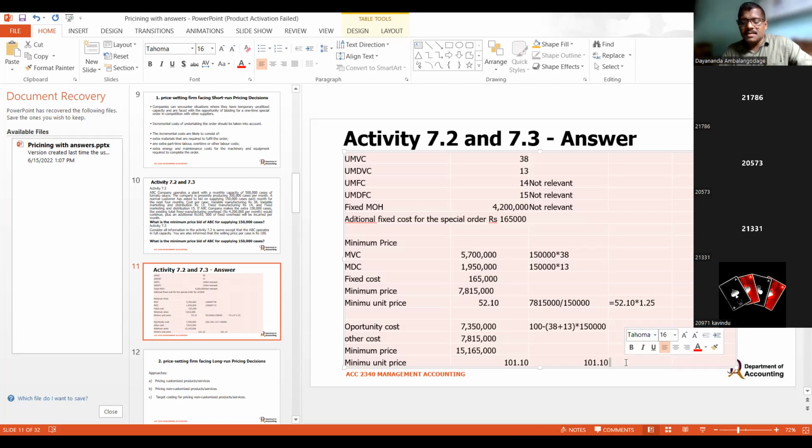Here also you can add the markup 25%. 101.1 multiplied by 1.25. That is the logic. So you can add a markup.